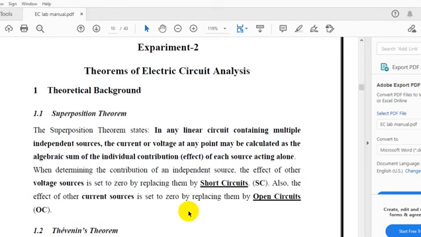At a time we will connect one source, and short or open the others based upon whether it is a voltage source or a current source. We will take the individual currents or voltages, and when we sum them, it is equal to the total current or voltage. So this is the superposition theorem.